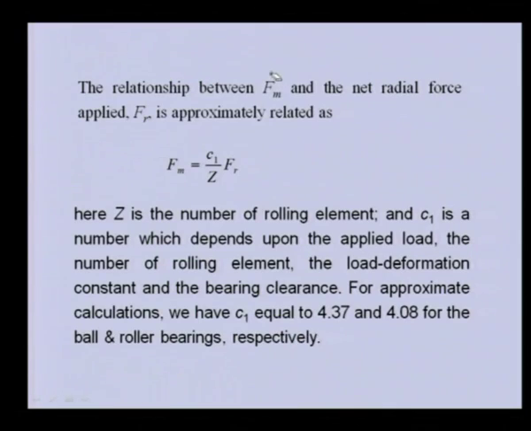The relationship between Fm, the maximum load which a particular rolling element is carrying, and the net radial force Fr which we are applying to the bearing is approximately related like this. This is also an approximate formula, in which C1 is a constant and Z is the number of rolling elements. C1 depends upon the number of rolling elements, load deformation constant, and bearing clearance, and approximately it can be taken as 4.37 for ball bearing and 4.08 for roller bearing.